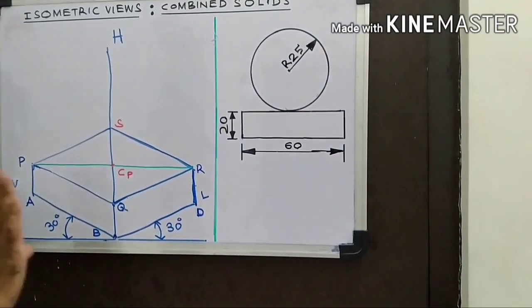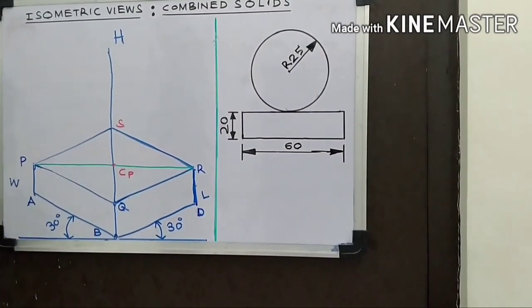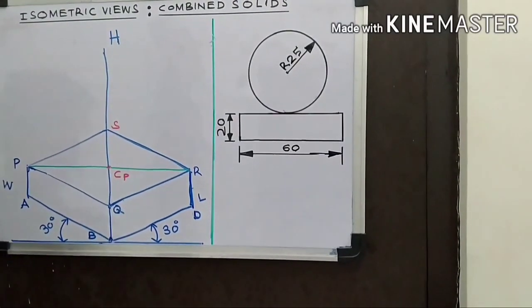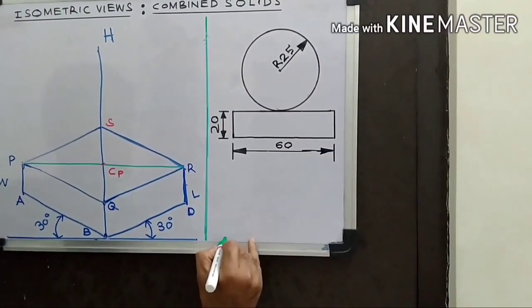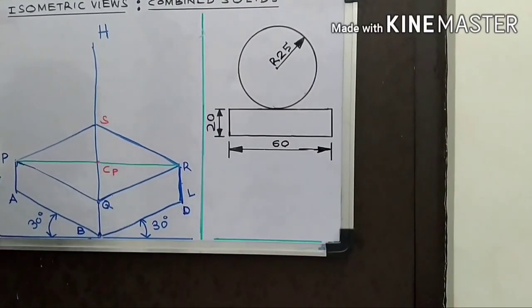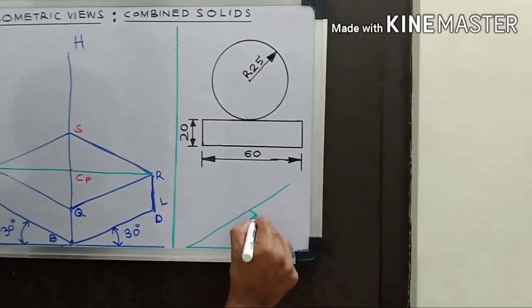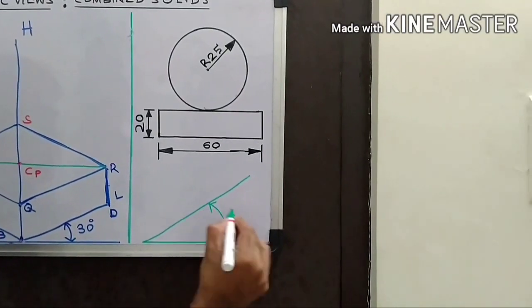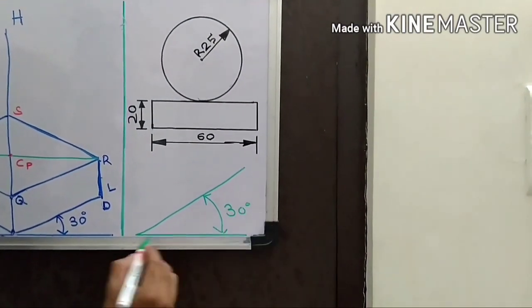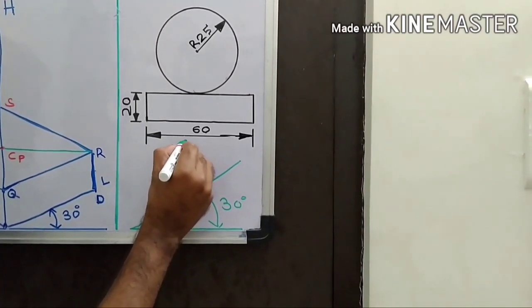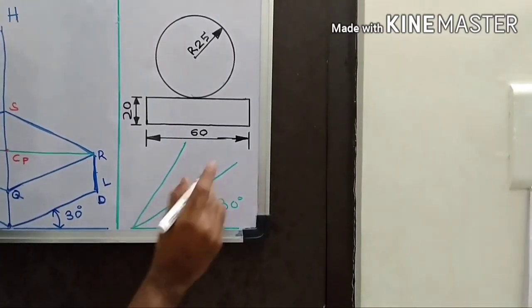Now, a very important point you have to remember. I am drawing the isometric scale, which is going to be important for us. Horizontal line, 30 degrees line. This is the 30 degrees line. This is going to be the 45 degrees line.